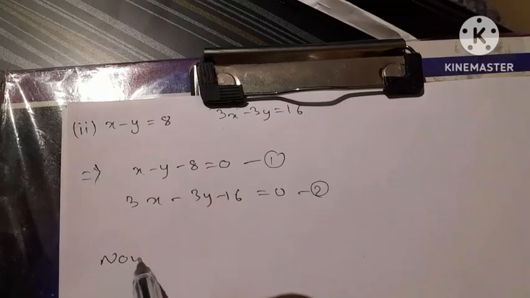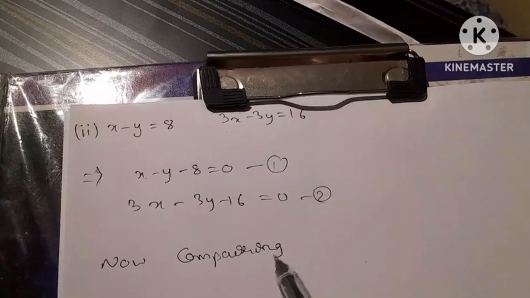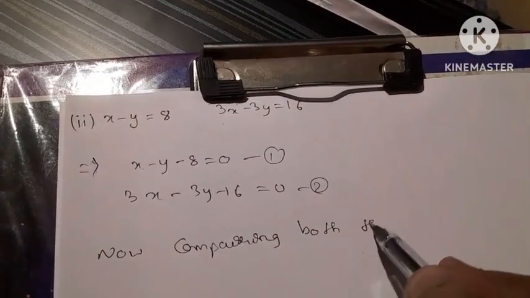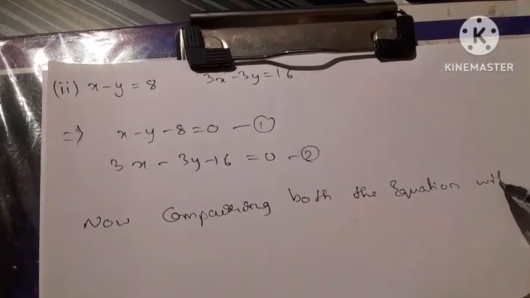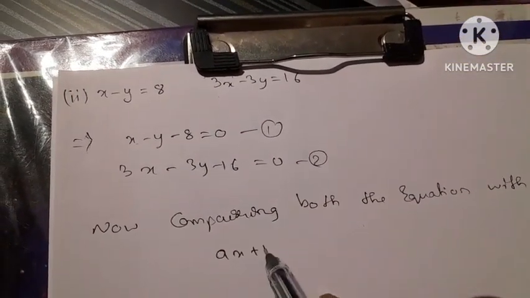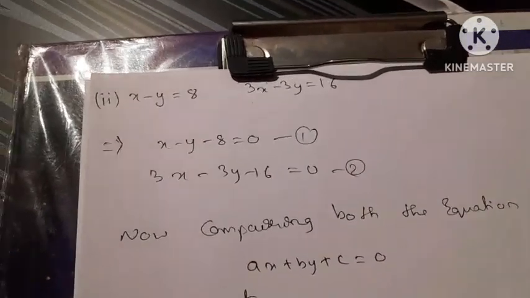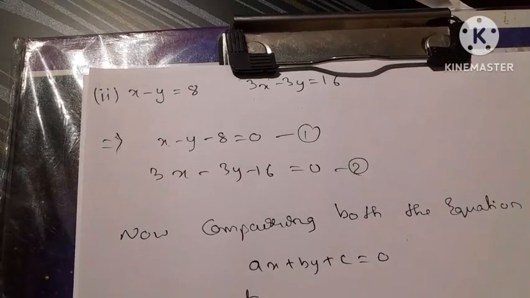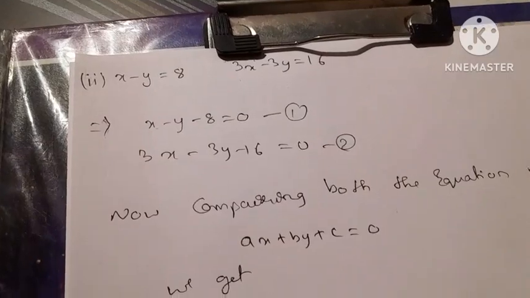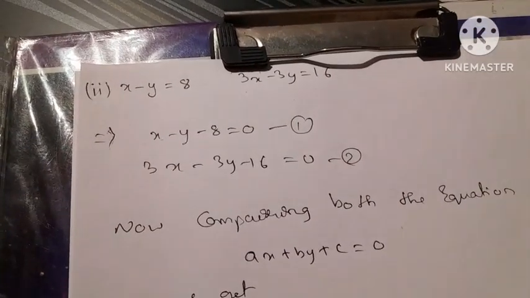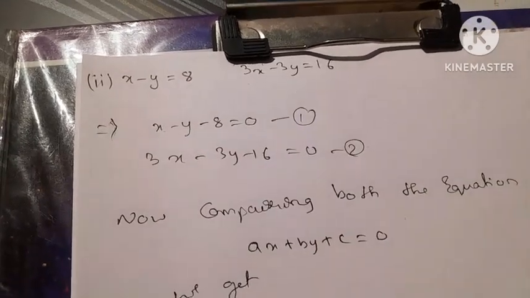Now, comparing both the equations with ax plus by plus c equal to 0, we get a1 is equal to 1, b1 is equal to minus 1, c1 is equal to minus 8, a2 is equal to 3, b2 is equal to minus 3, c2 is equal to minus 16.